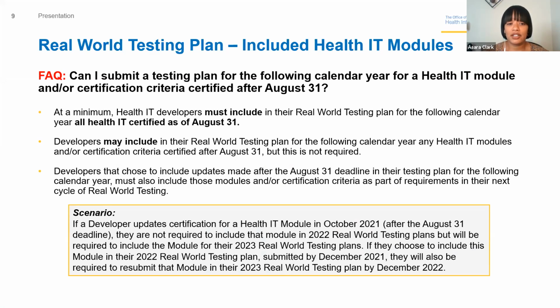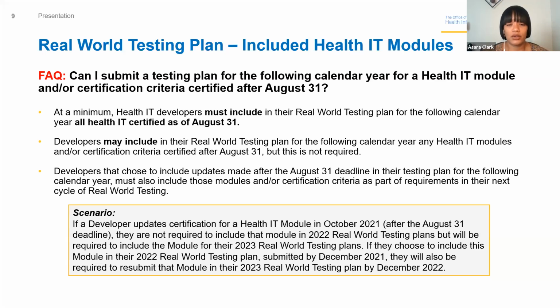However, developers may choose to include updates made after the August 31st deadline. We do not prohibit it. It will still be required in the next cycle, particularly with the maintenance of the certification. However, you can do it if you want to, but just know that it's required for the following calendar year. It does not have to be included in that very next year.